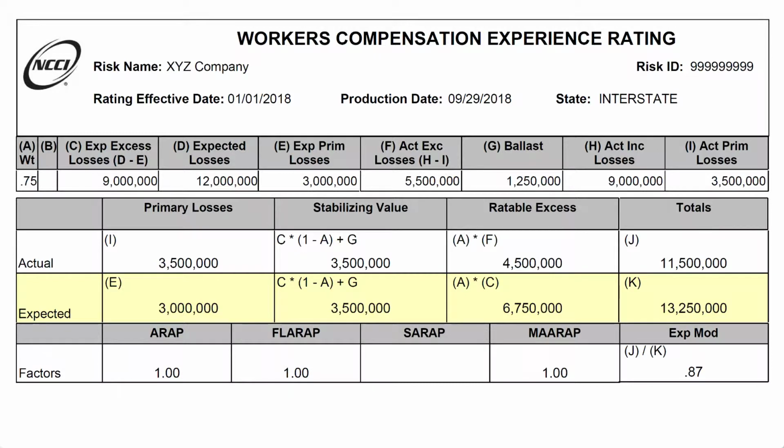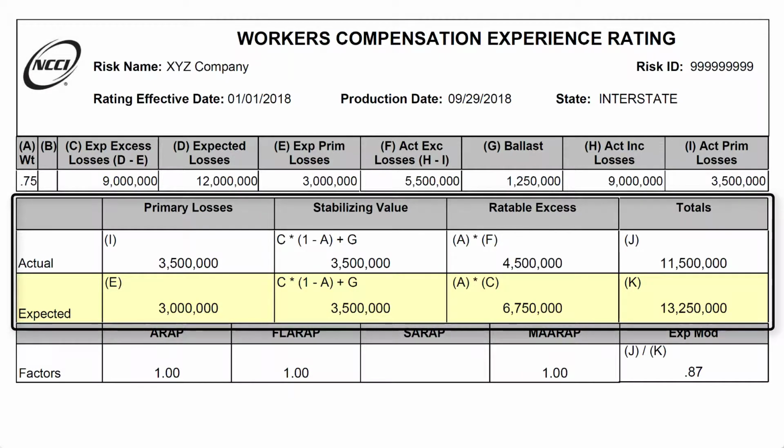If you look here on the screen, what you're going to see is an NCCI rating worksheet. There's a whole bunch of numbers on the screen, but there's only two that you need in order to calculate this minimum mod. First thing you're going to do is look down here in this bottom part of the formula, and you're going to see the stabilizing value, and you're also going to see your expected totals.